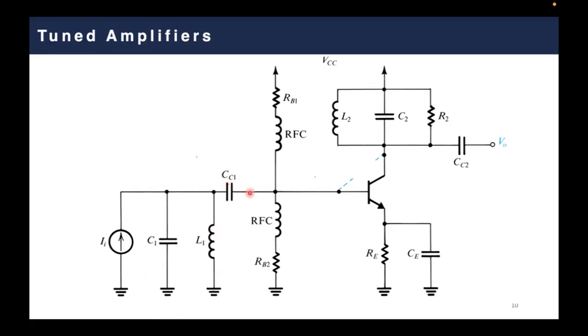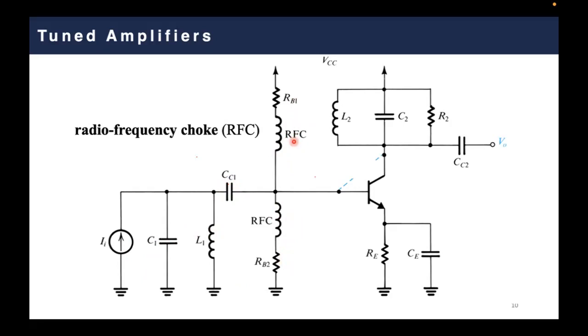Then you pass through this bypassing capacitor, going into these 2 resistors, which are very commonly used to make the sufficient bias to the base. Herein we add this RFC, or what we can call radio frequency choke. What is a radio frequency choke? The idea is very simple, my dear students.